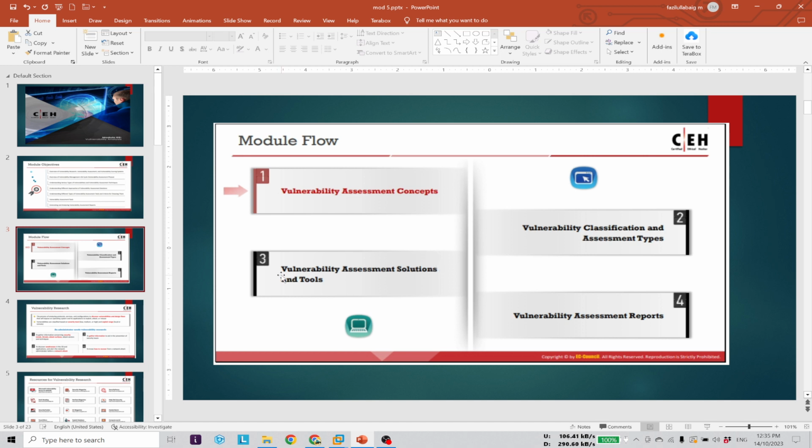But I will tell you how we can fix the vulnerabilities if they occur. And the fourth one we can see here is vulnerability assessment reports: how the reports will look, how to analyze the reports, how to identify the bugs, and how to fix them. Okay, let's see the next slide.